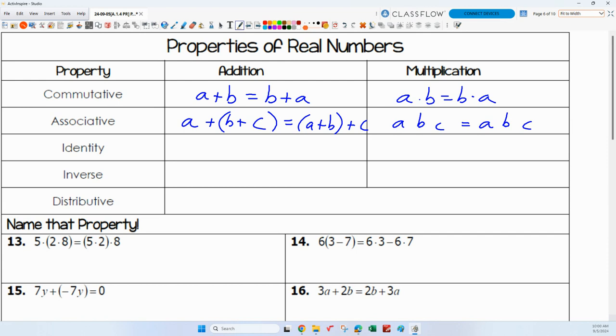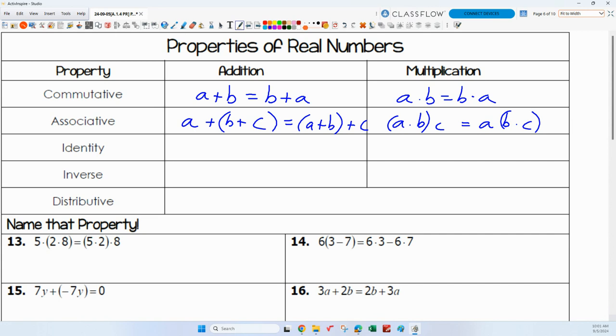So let's do the quantity A times B times C equals A times the quantity B times C. There you go. So we're just changing the two things that are being grouped. Okay. Good.